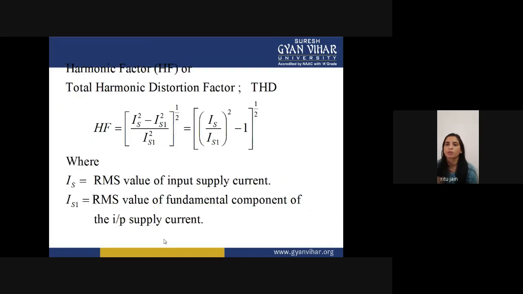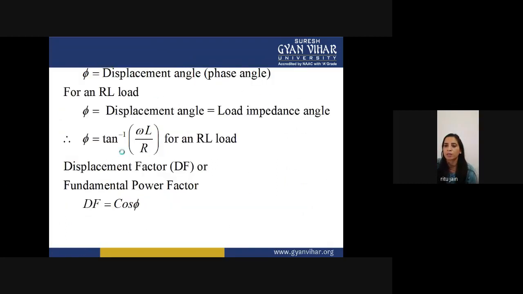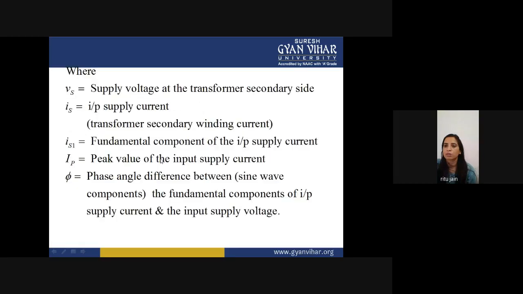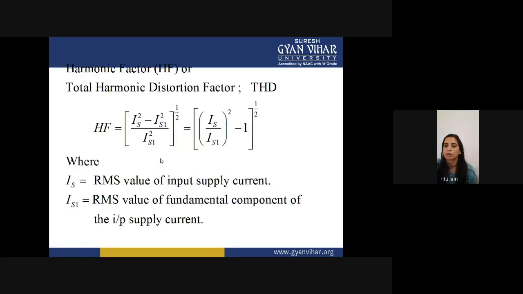Harmonic factor, or total harmonic distortion factor, is also very important. Is1 is the fundamental component; fundamental component means the basic current. The total harmonic distortion factor can be represented by THD.